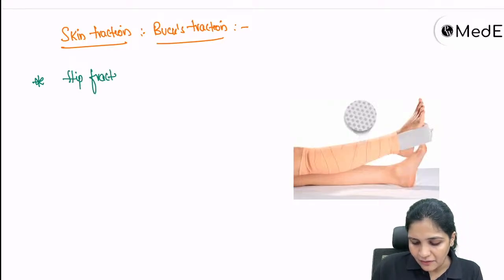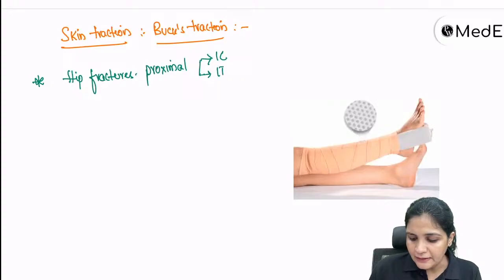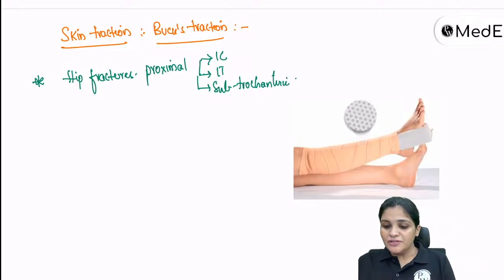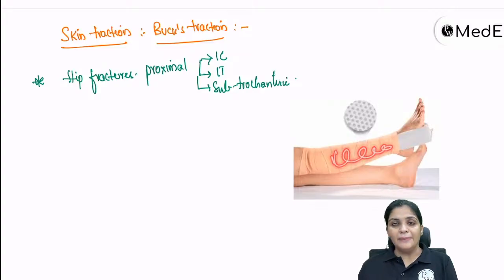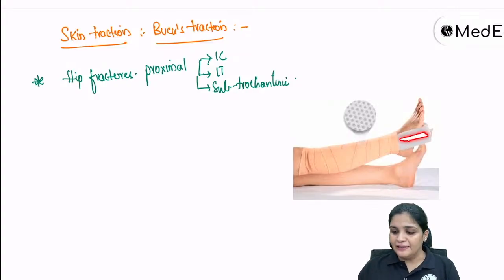Whenever you have hip fractures, these are the proximal hip fractures, especially your IC, IT, and subtrochanteric fractures. So this is the Buck's traction apparatus, where you see you have a foam like this. This is a crepe bandage-like thing, and these are the padded things.